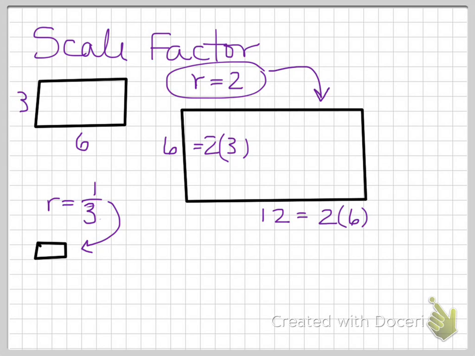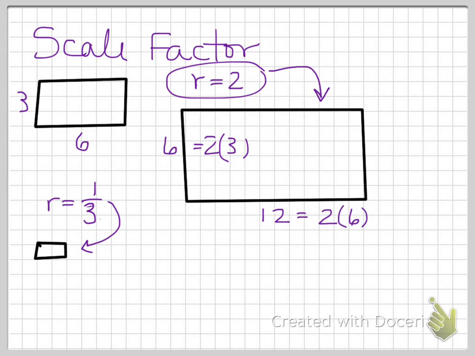Okay, and what about if R equaled, well, let's have you answer that. What value would R be if I wanted a congruent rectangle to this one up here? What scale factor would I use?